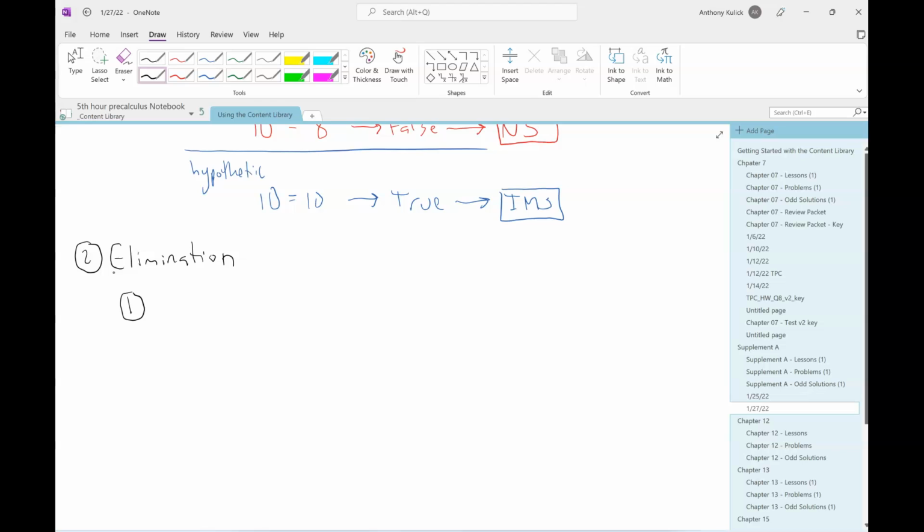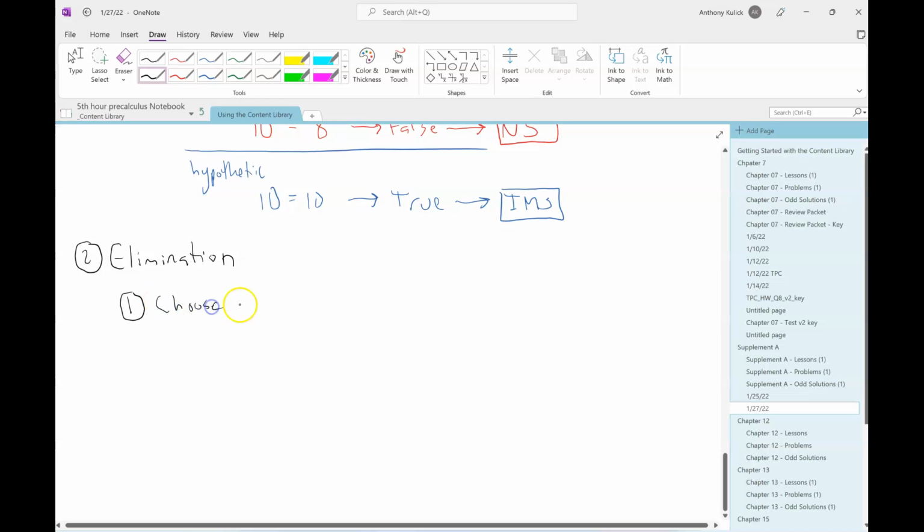So the first step is to choose a variable to eliminate.